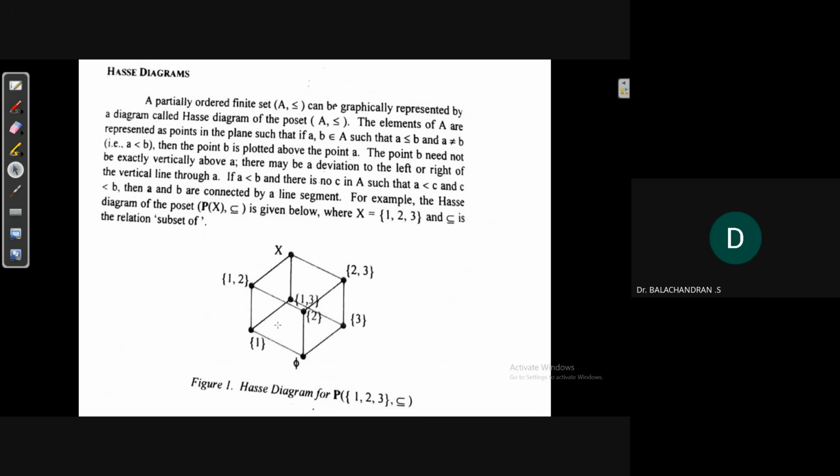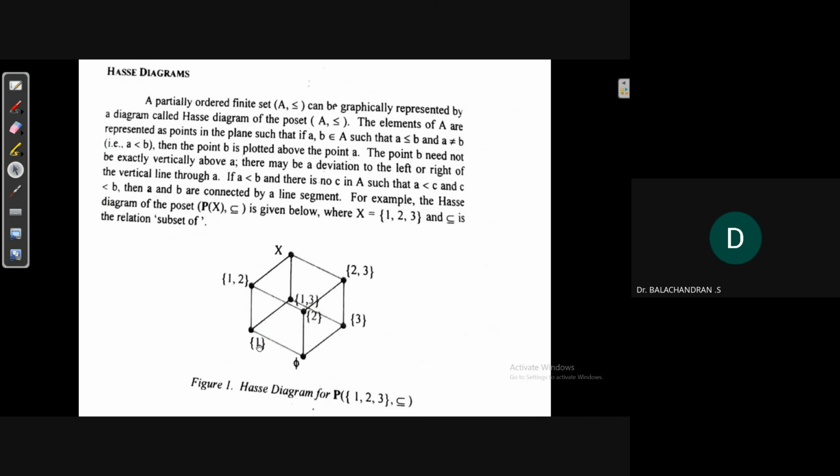Why is it a lattice? If you take any two elements, say {1} and {2,3}, what is the greatest lower bound? Actually the empty set.